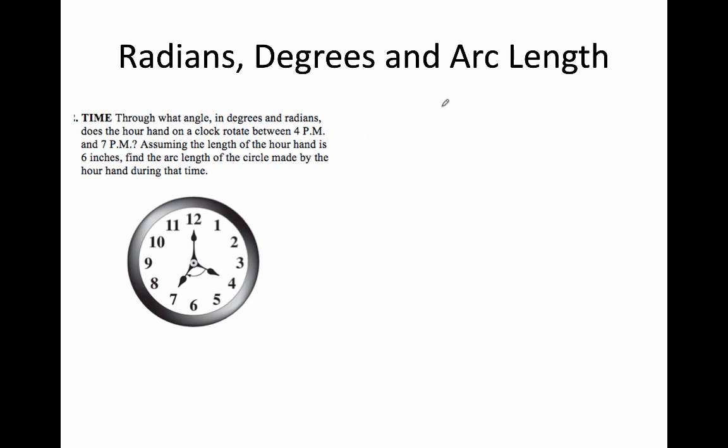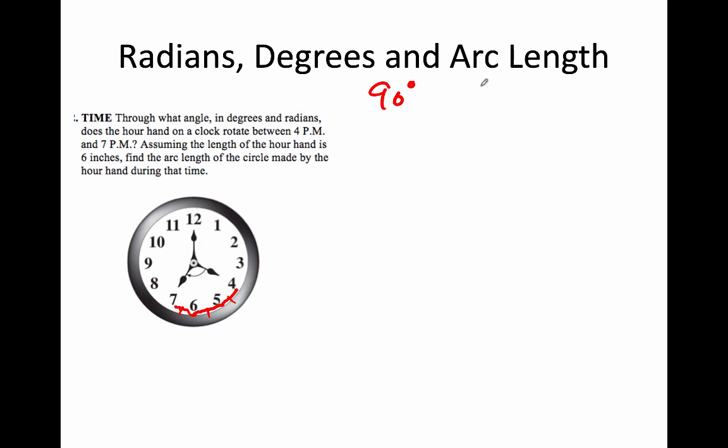Okay, last one, a clock. Through what angle in degrees and radians does the hour hand of a clock rotate from 4 to 7? So I go 1, 2, 3 hours. Isn't that 3 out of 12? Isn't that a quarter, a fourth of the whole thing, which is 90 degrees, right?